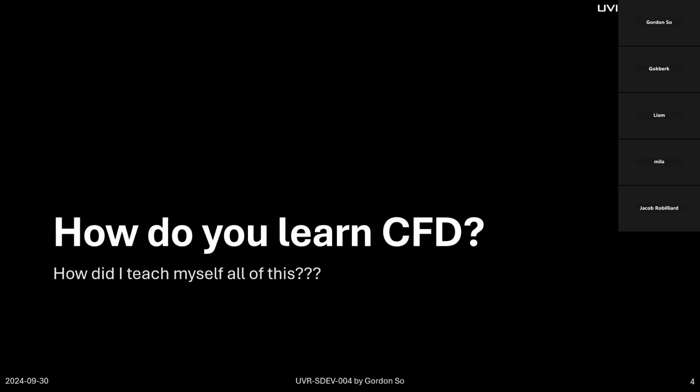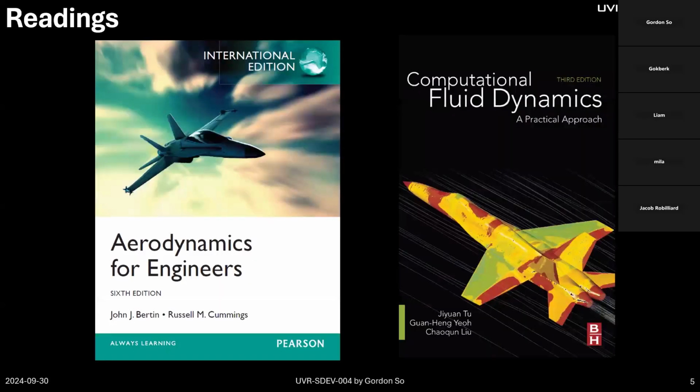So how would you learn CFD? How did I teach everything myself? Of course, back to the basics: read a bunch of textbooks. These are probably the two best textbooks I can suggest. One is basic aerodynamics. You need a really good understanding of how flow works in certain regimes, so it's a must to read about fluid mechanics and aerodynamics.